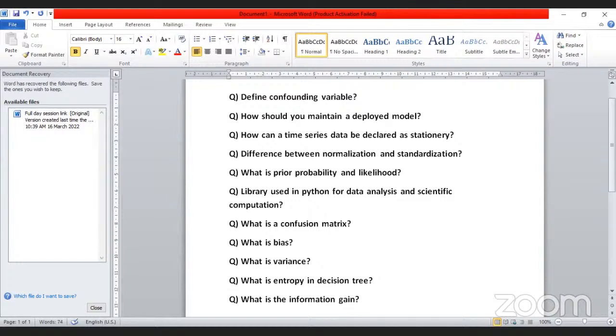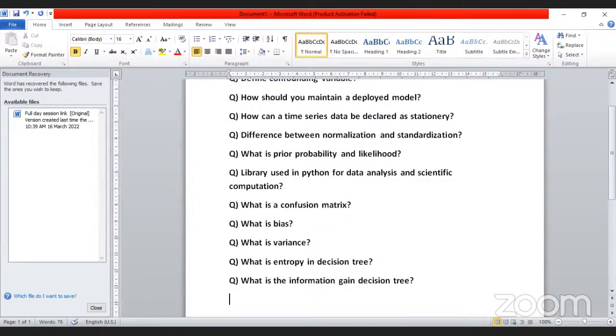Okay, sorry. Okay, what is the information gain in a decision tree?